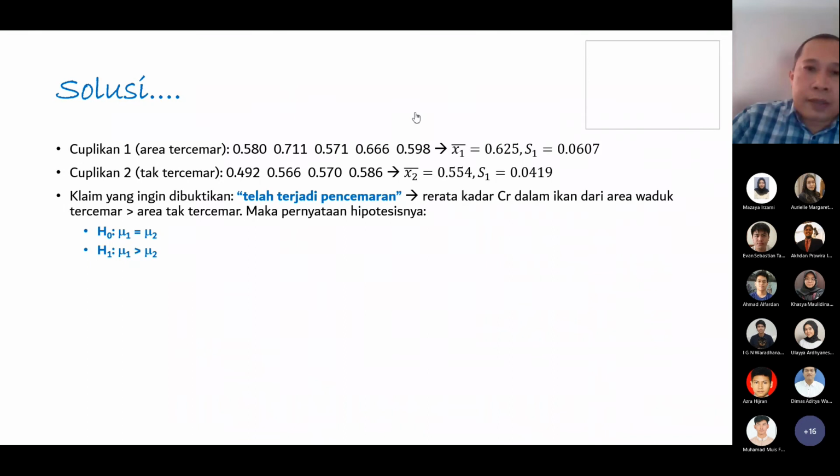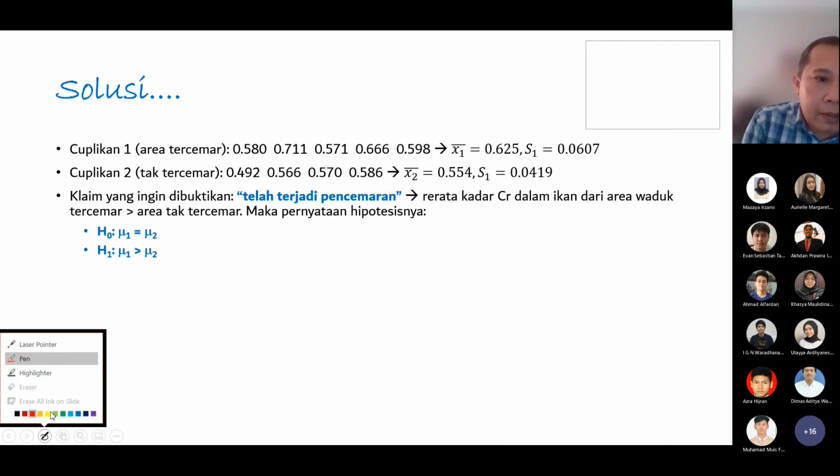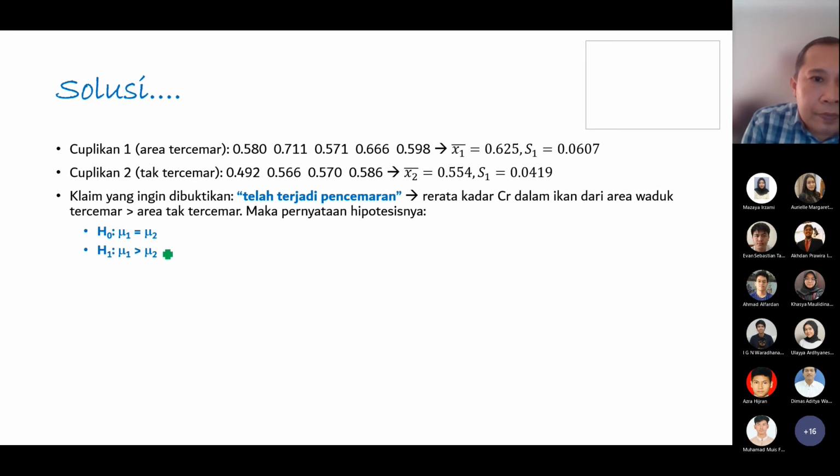Okay, so this is the hypothesis statement. Okay, again, everything is straightforward. Okay. So the original claim is pollution has occurred, right? So mathematically, the first statement is mu1 larger than mu2, right?